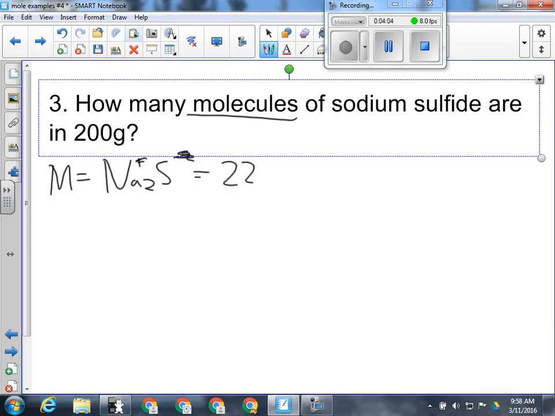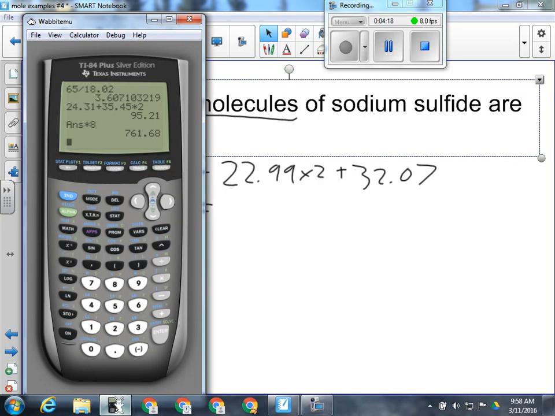So we'll have 22.99 times 2 plus 32.06. Or is it 07 on yours? Okay, 32.07, and there's only 1 of it. So our molar mass is 22.99 times 2 plus 32.07, which is 78.05.